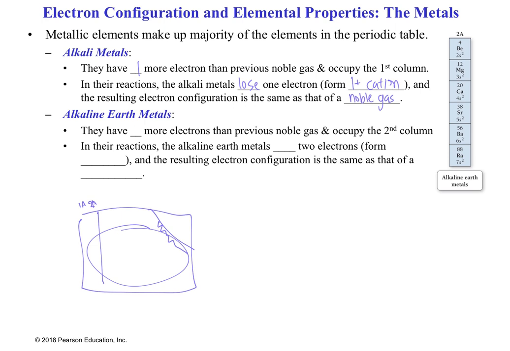Alkaline earth metals have 2 more electrons than their last noble gas. They're in the second column, they're 2A. They like to lose 2 electrons, then they form a 2+ cation. And then once they do that, they have the same electron configuration as their closest noble gas.